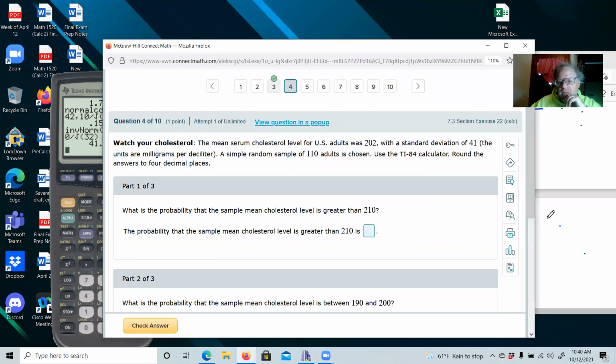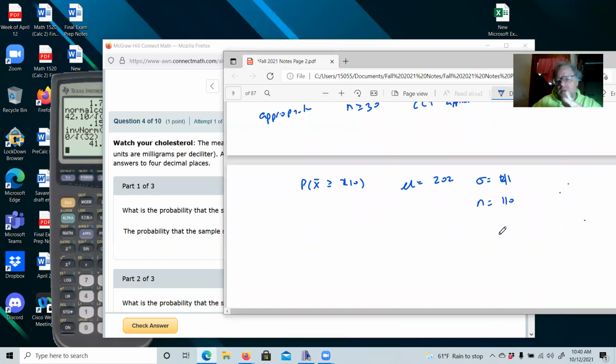Okay. So what are we going to do with this? We're going to say norm inverse, or no, we're not. We're going to say norm CDF. Our low number is 210. Our high number, we'll pick something off the charts; we'll come back to it. Our average was 202, and our standard deviation is 41 divided by the square root of 110.